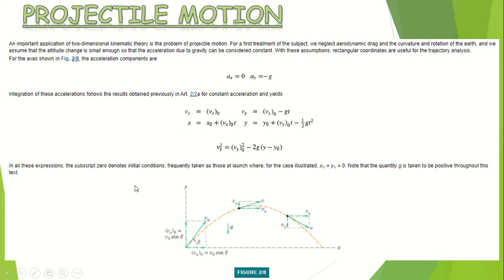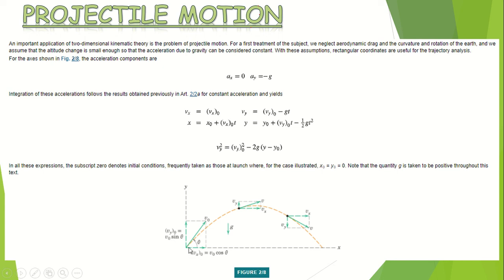Okay, so that was taken from that derivation. We have here v sub x, the horizontal component of the projectile motion. In this case, this is represented by v sub x sub 0.